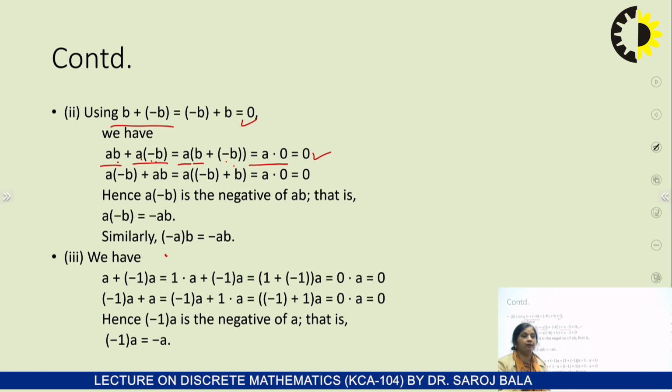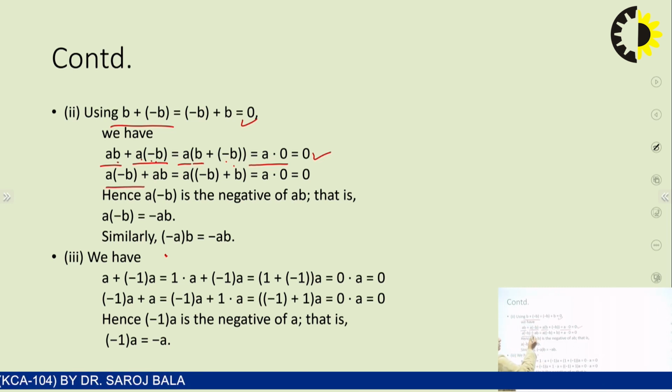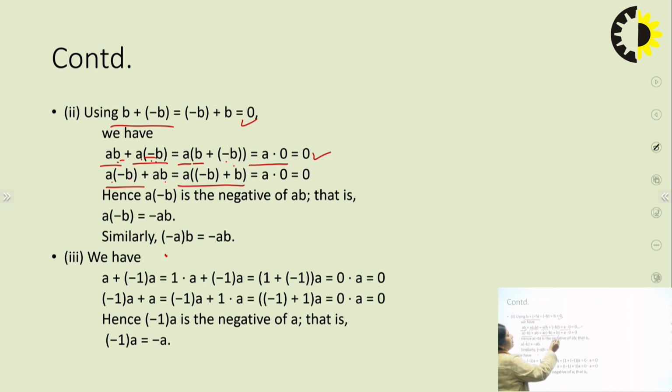When it will actually be negative of A, we get 0 after applying both sides. So if I apply now in reverse order, that is negative of AB plus AB, then after applying the distributive property, I'll get A into minus B plus B, which is 0. So I'll get A into 0 is equal to 0.